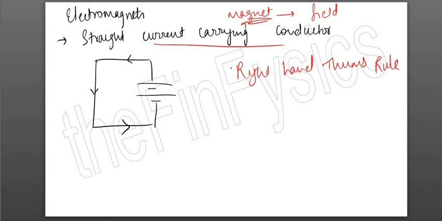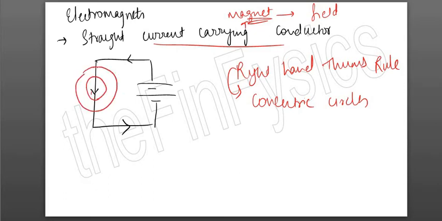These field lines are in the shape of concentric circles. Concentric meaning having one center. When you use your right hand thumb rule, the thumb should point in the downward direction, and then the curled fingers give you the direction of field lines. In this case, it is in the clockwise direction.